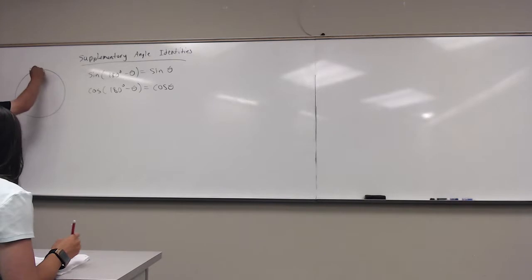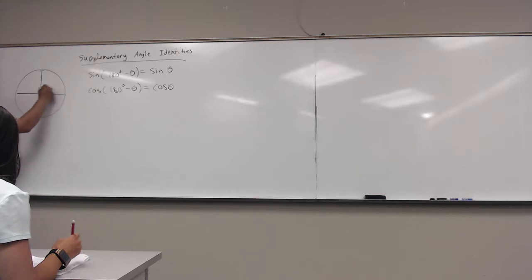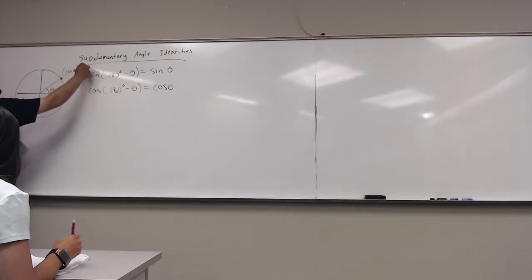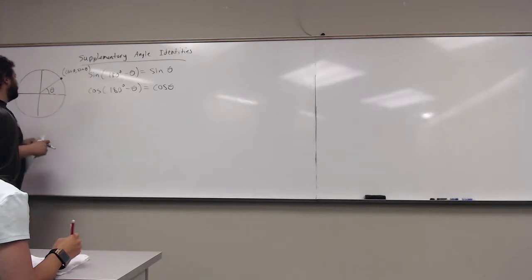Well, just to go through how you figure something out if you're unsure. For simplicity, just assume the angle theta is in the first quadrant. And then the coordinates of this point are cos theta, sine theta. Okay. And then I can draw the 180 minus theta angle.